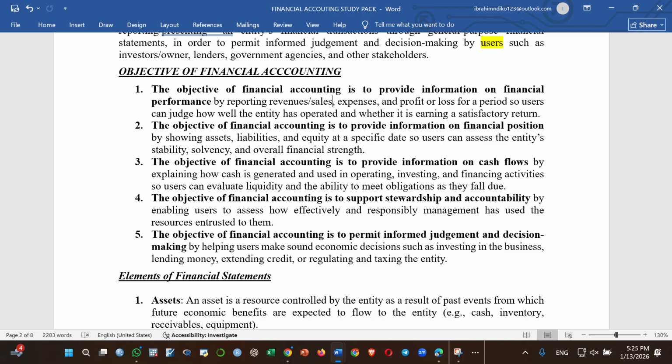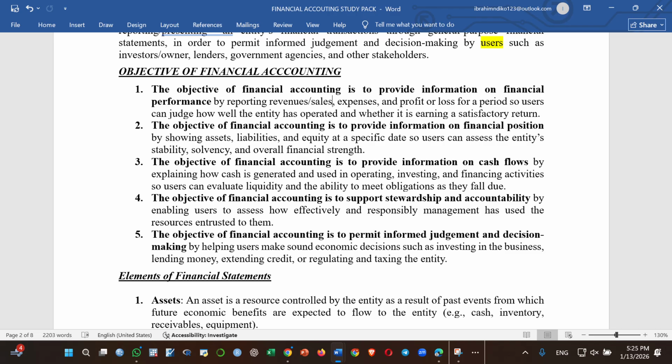And that one, we said we look at our balance sheet. So we check the assets, the liabilities, and equity for that company. So if our assets are increasing from time to time, and those assets are used to generate sales, then we can say that those assets indicate a good financial position.